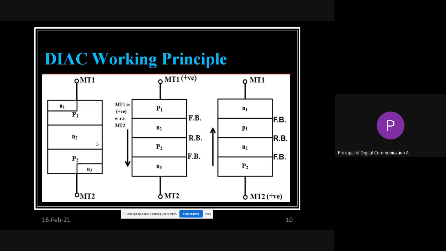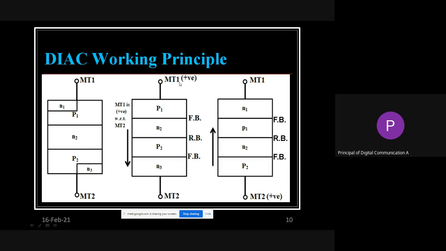That is nothing but the working principle of diac. So during the positive half cycle, MT1 becomes positive with respect to MT2. And during the negative half cycle, the opposite case happens, that is, MT2 becomes positive with respect to MT1.